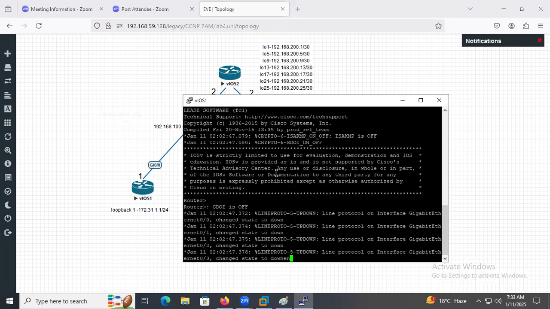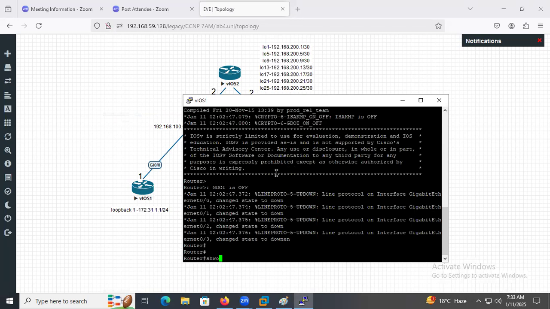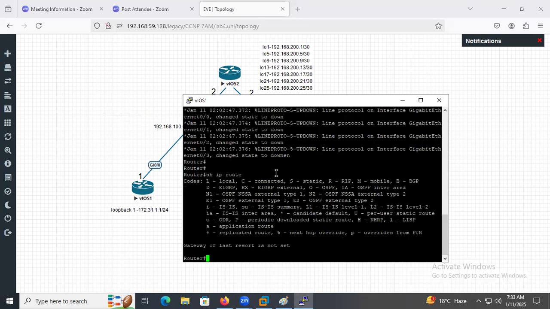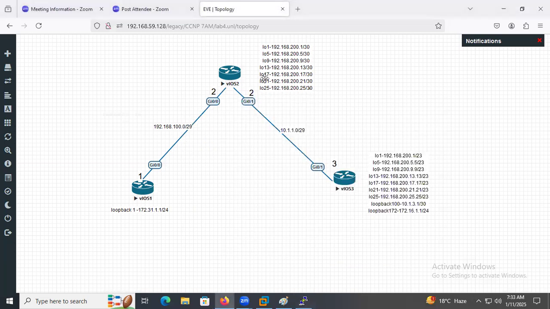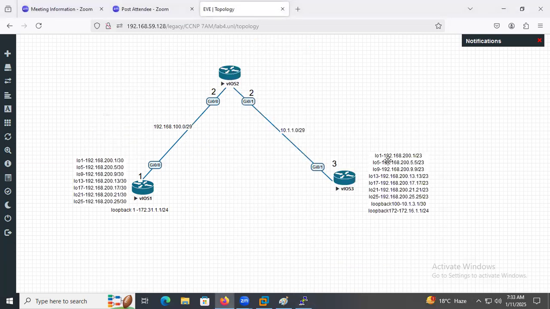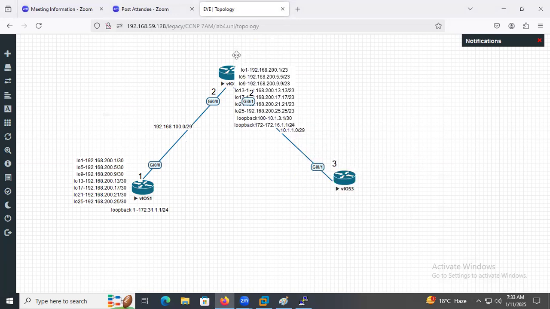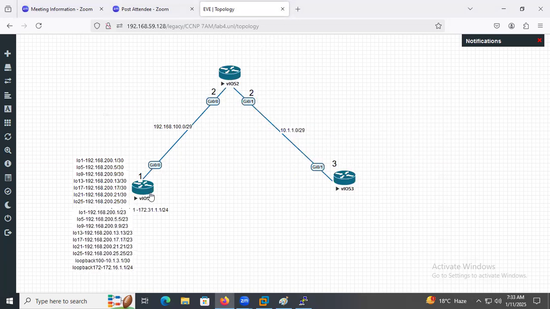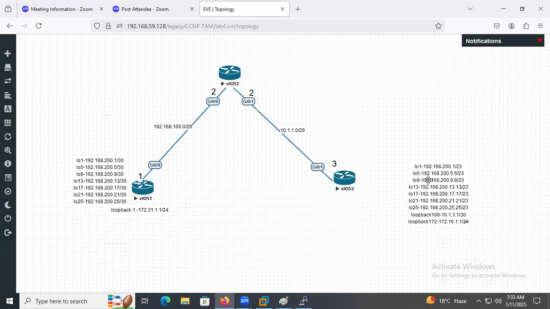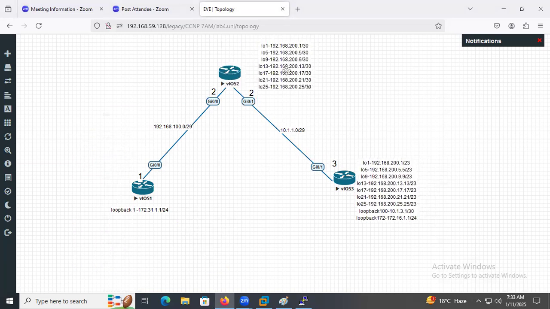Now, if I'm in router 1 and give the command show IP route, since we didn't configure anything, only two networks will be there. So if you configure EIGRP, router 2 will advertise its networks to router 1, router 3 will advertise to router 2 and router 1, so many networks will be there. Then if you do summarization, instead of all this, we'll have just 2 routes.